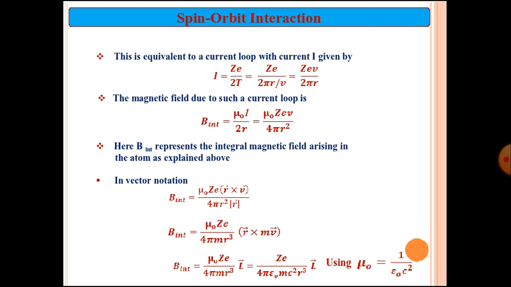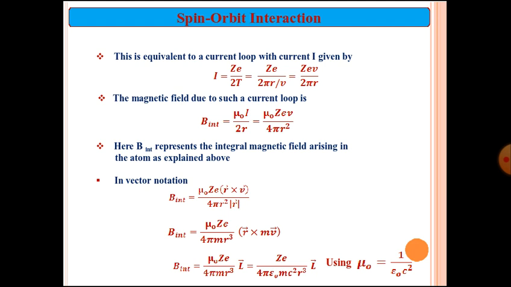Actually, an electron revolving in a Coulomb field of the nucleus finds itself in an internal magnetic field, because in the frame of reference of the electron the nucleus revolves around it. The magnetic moment of the electron interacts with its internal field.